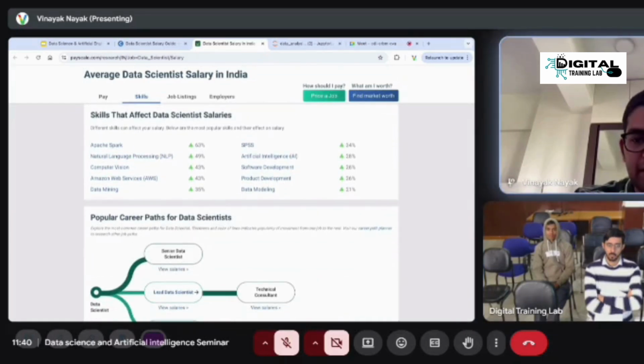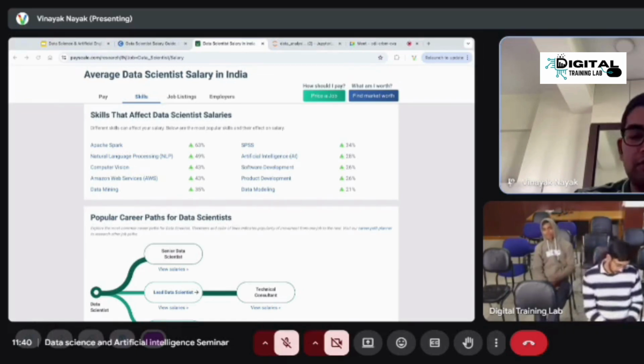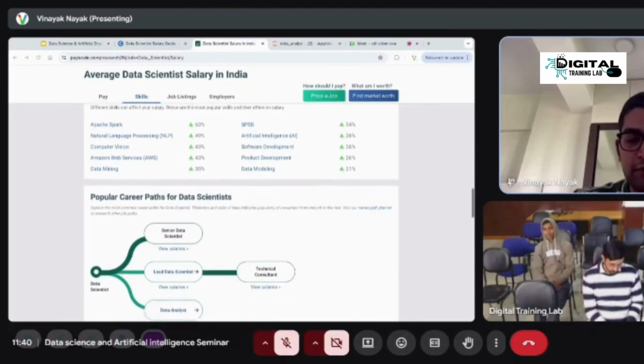Yeah, these are the skills that you are looking at in data scientists, which are required in the industry primarily. Now, if you are very specific in one particular field and go into detail over here, then the numbers will even be more than what you see.